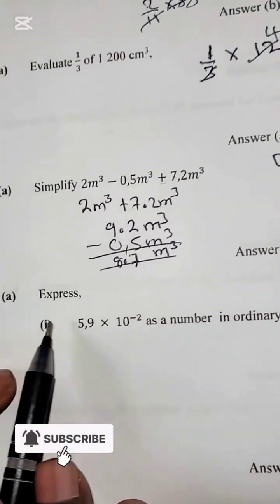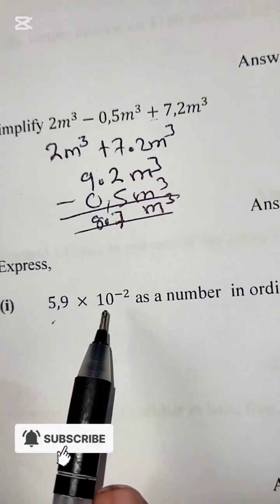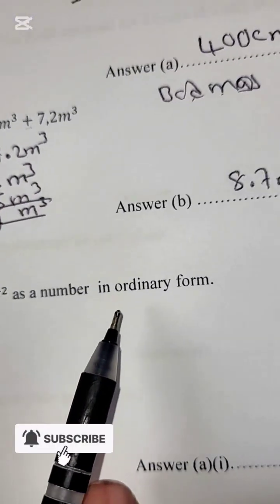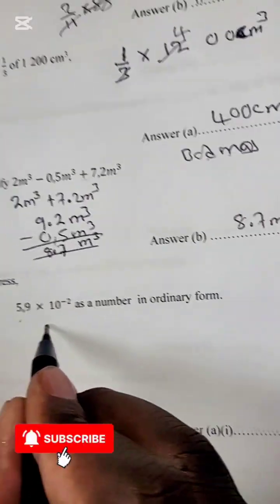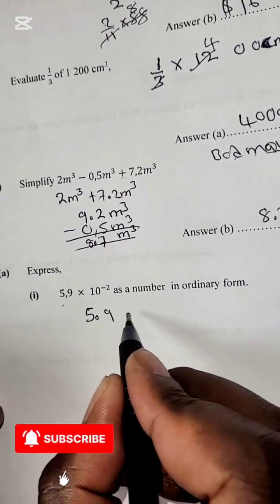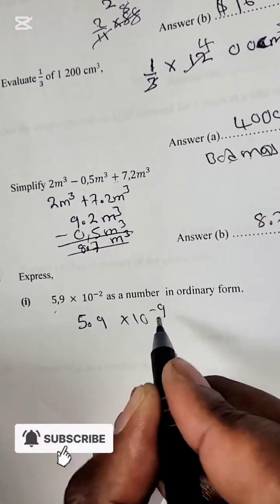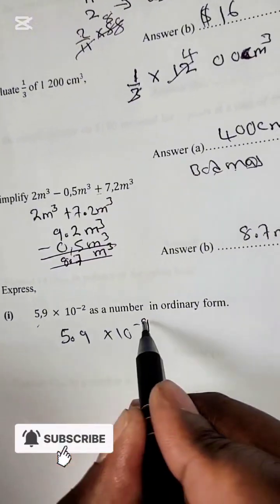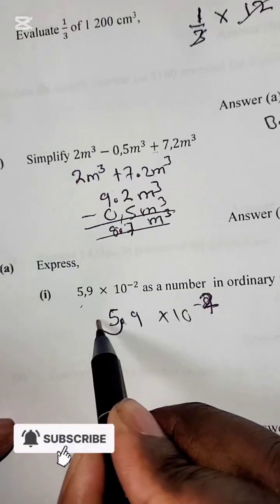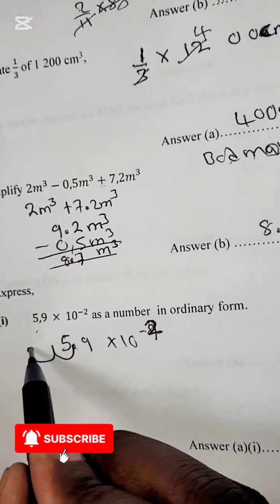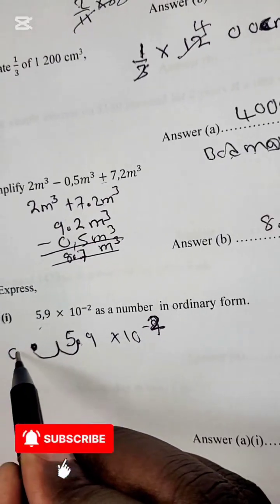So question number 7. 5.9 times 10 to the power of minus 2 as a number in ordinary form. So it's 5.9 times 10 to the power of minus 2. In ordinary form, we move 2 places. Here is our comma, then we add another 0.